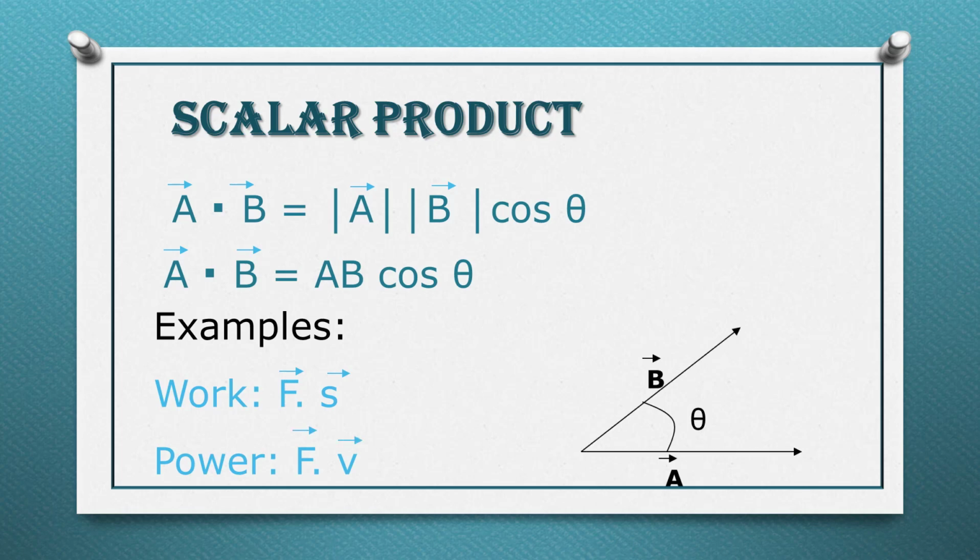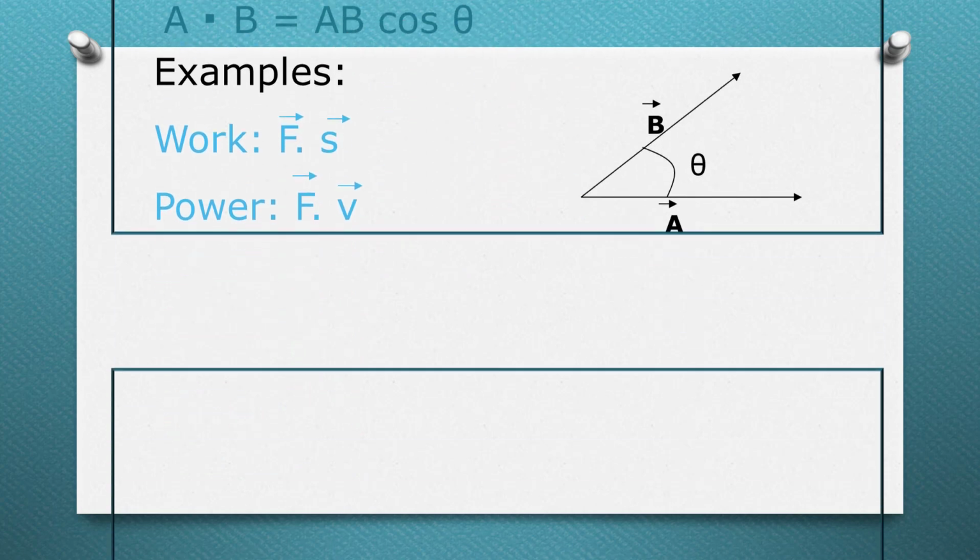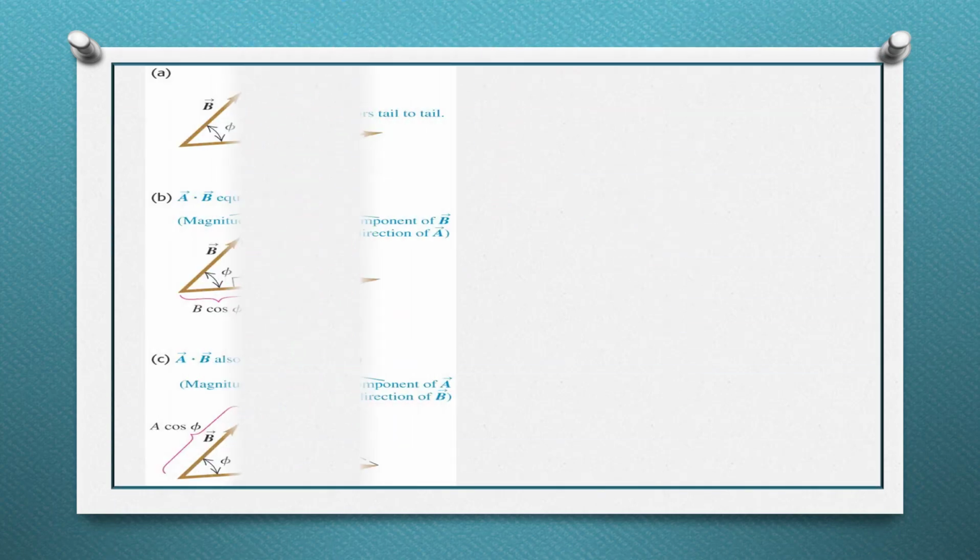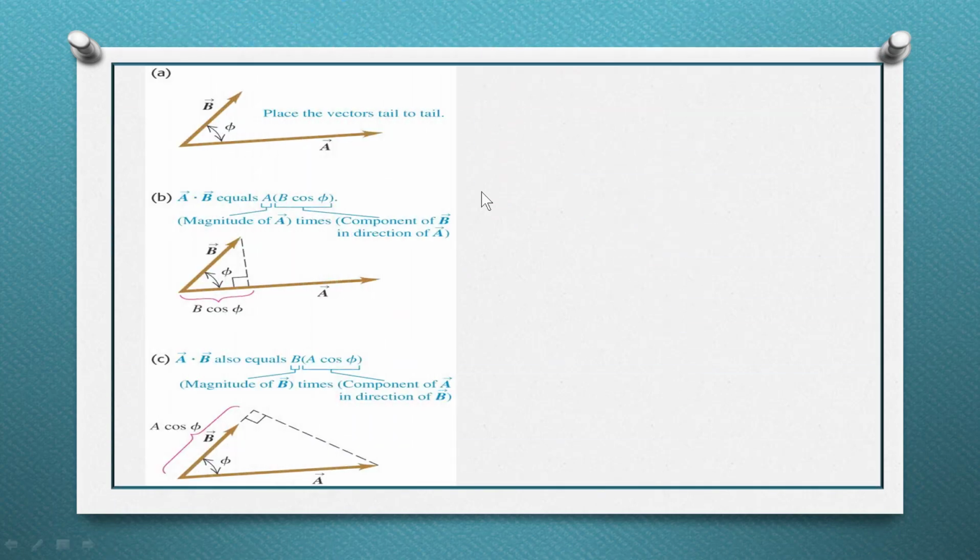We have also discussed that if we are going to take the dot product between two vectors A and B, then first we have to place the vectors tail to tail. We have to connect those vectors from the tail.